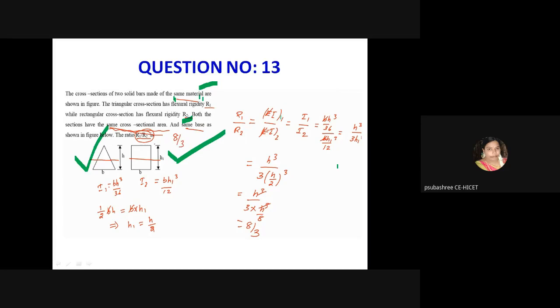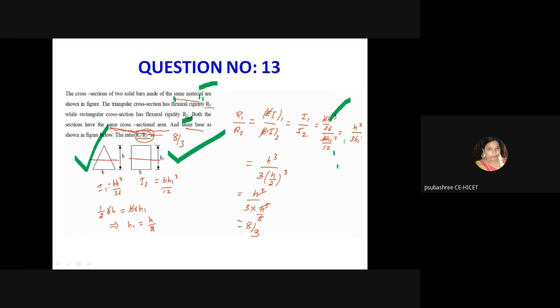So flexural rigidity means E into I. So R1 by R2 is equal to E into I1 divided by E into I2. Young's modulus is the same, so E cancels. So I1 divided by I2. I1, the moment of inertia for the triangular section, is B H cube divided by 36, and I2 for the rectangular section is B H cube divided by 12.